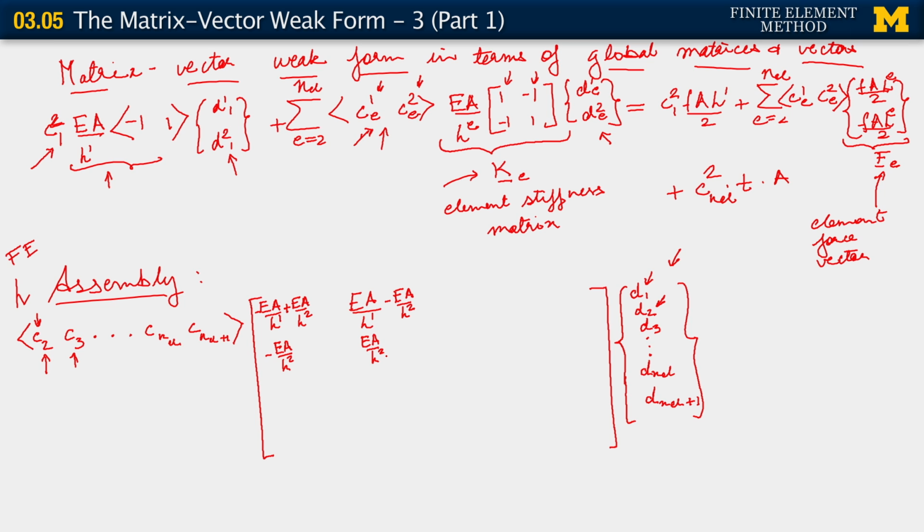And then we go on to element 3. Element 3 would have C degrees of freedom, C3 and C4. It would be this one and the other entry which would come just next to it. Those would map onto the matrix to rows 2 and 3.